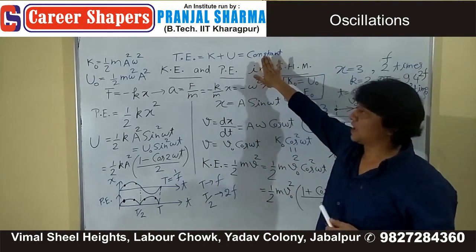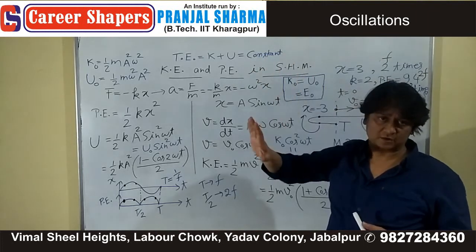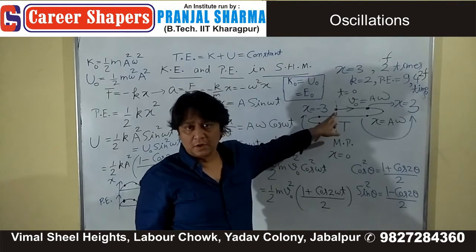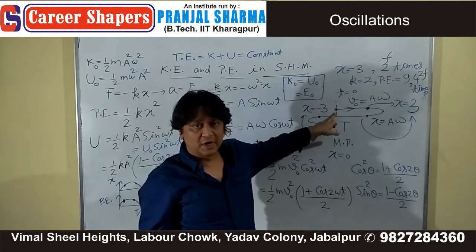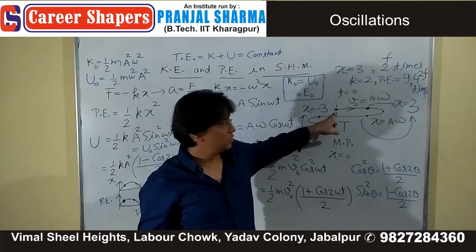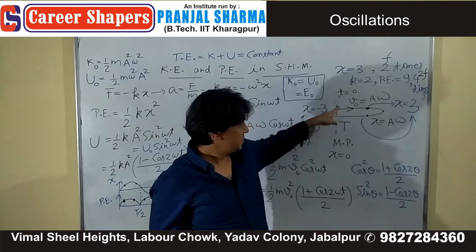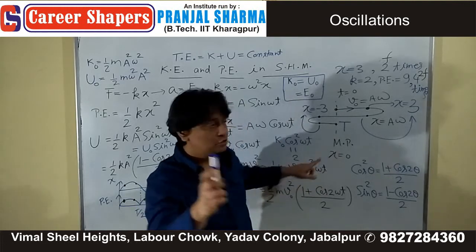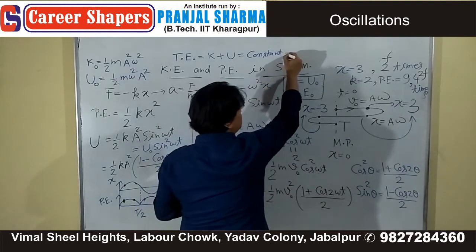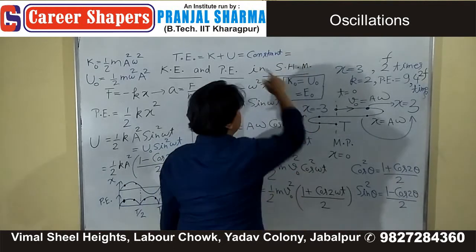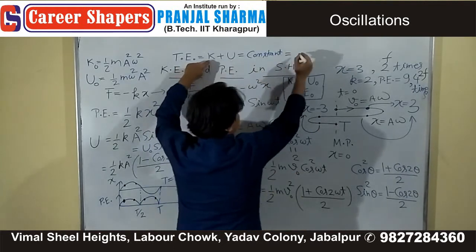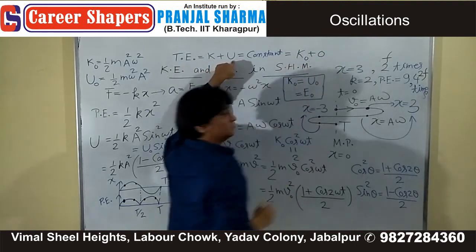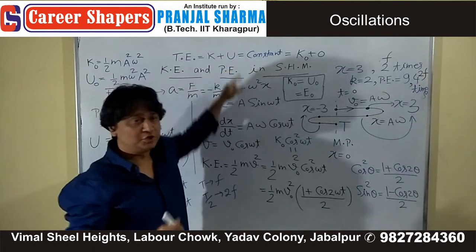If this total energy remains conserved, then at the mean position, total energy is in the form of kinetic only. At the mean position, x is 0, there is no potential energy. So at the mean position, this K is K naught, but U is 0.